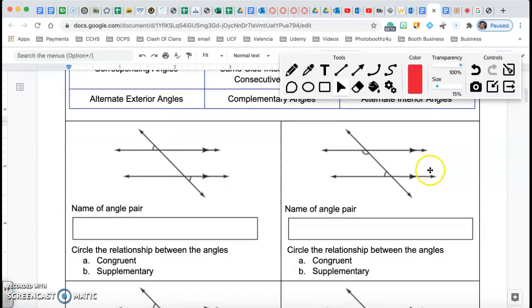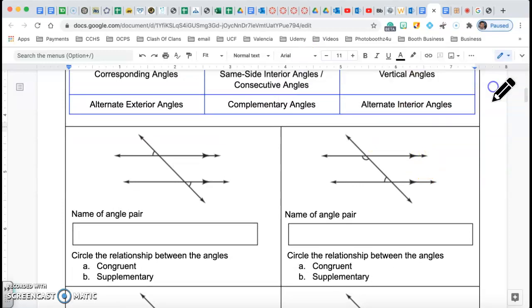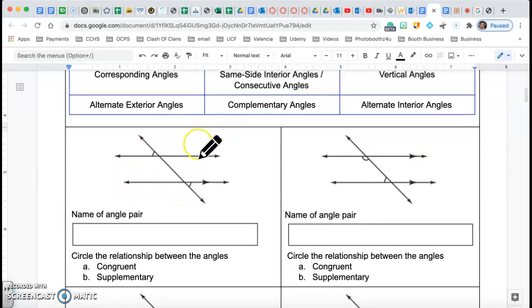So let me explain one drawing, and then we talk about the names itself. So I have this drawing. I see this arrow and this arrow. They're in the middle of my lines. Those arrows mean the two lines are parallel lines. They need to be parallel lines in order for me to talk about this. Now let's call this line 1 and line 2. The two lines are parallel to each other.